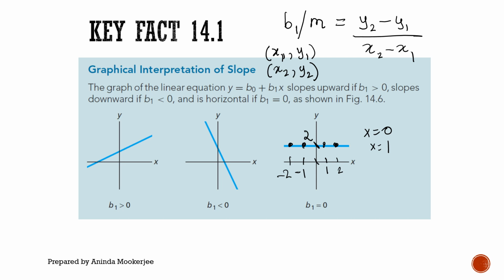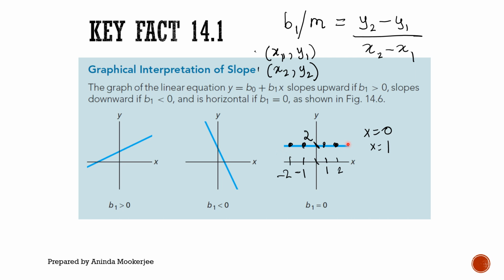So if you have those 2 points on a line, all you need to do is plug in y2, the second point's y value, into y2 minus the first point's y value, divided by x2 minus x1.